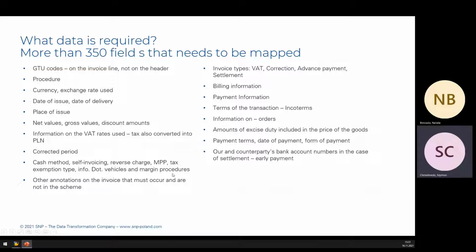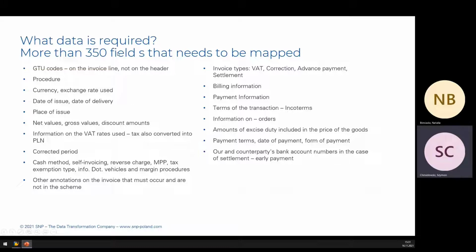Those fields are also known from JPK. So if you have self-invoicing, reverse charge, or the cash method is used, and so on. And for example, why you have the tax exemption. Another annotation, that's a good point.